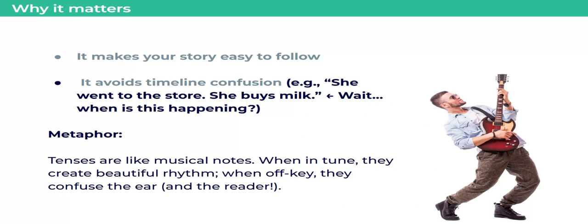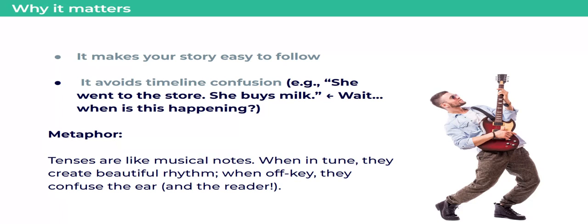So we've got a metaphor to help us think about this. Tenses are like musical notes. When in tune, they create beautiful rhythm. When they're off key, they confuse the ear and the reader too. When they are in harmony, they create beautiful rhythm.